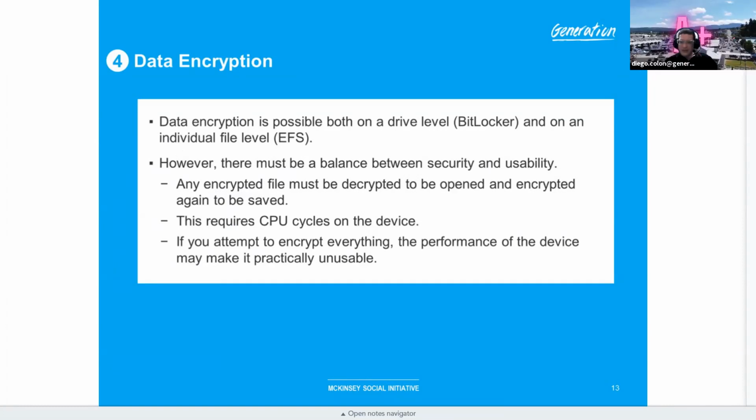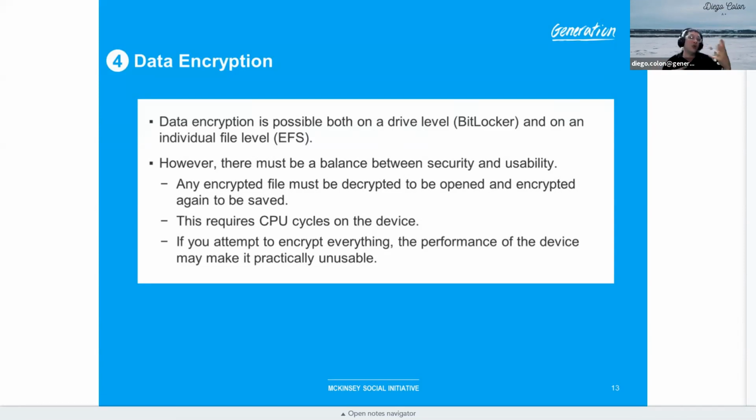The main variance between BitLocker and EFS is the processing. One is at the beginning while the other one is at the end. What do I mean by that? In BitLocker, to be able to encrypt the whole drive, it must encrypt the whole drive, so it's going to take a very, very long time to do that once.